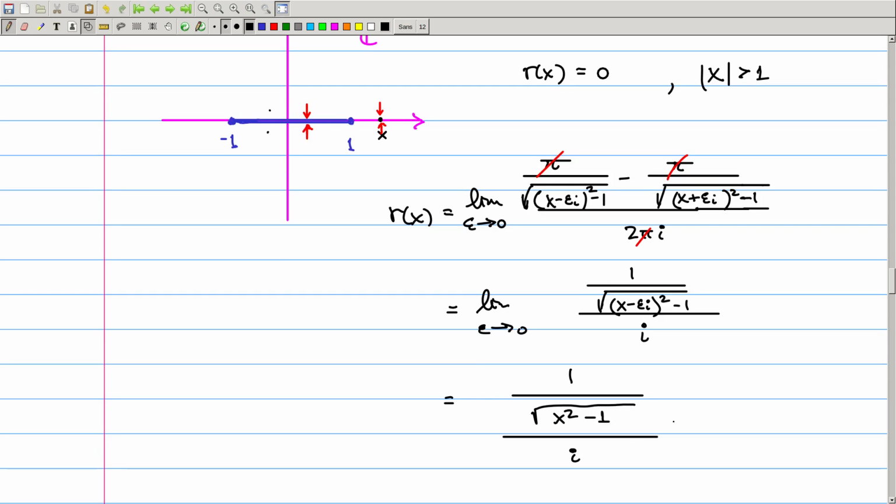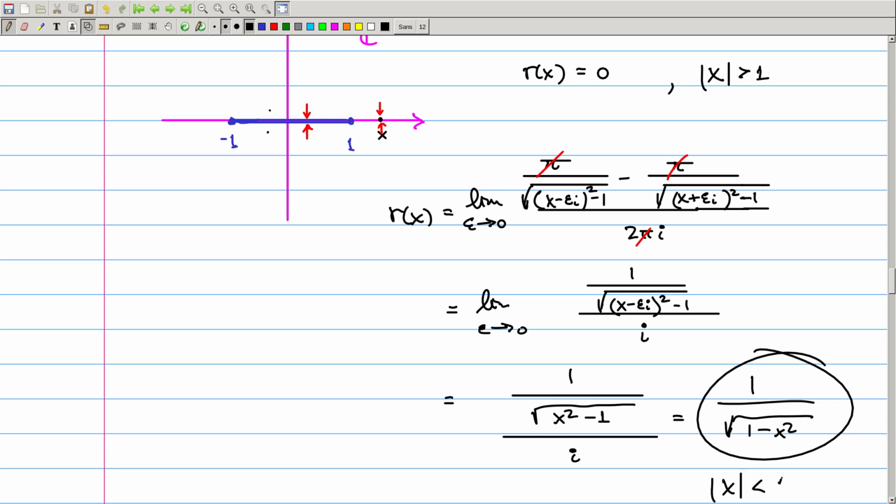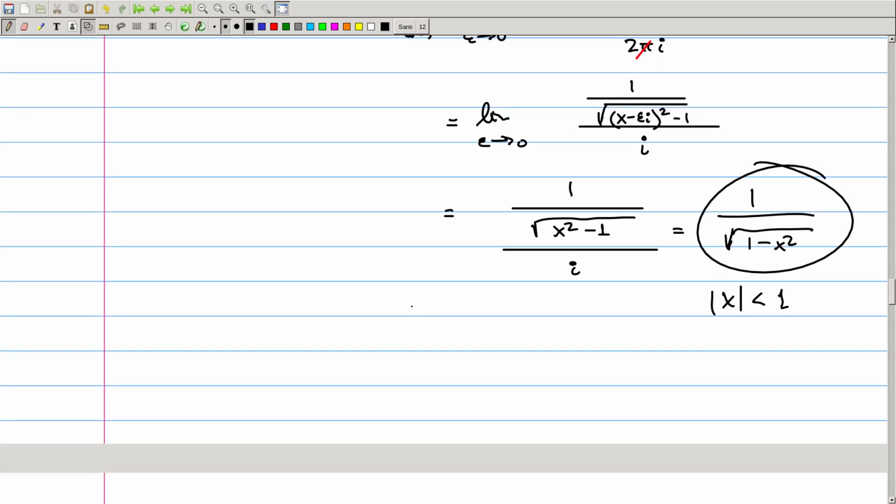And I can remember that i is really just the square root of -1, so this is all becoming 1 over the square root of 1 minus x squared. So this is for values of x less than 1. So what we've actually recovered here is that r of x was the Chebyshev weight, 1 over the square root of 1 minus x squared, and 0 for x greater than 1.